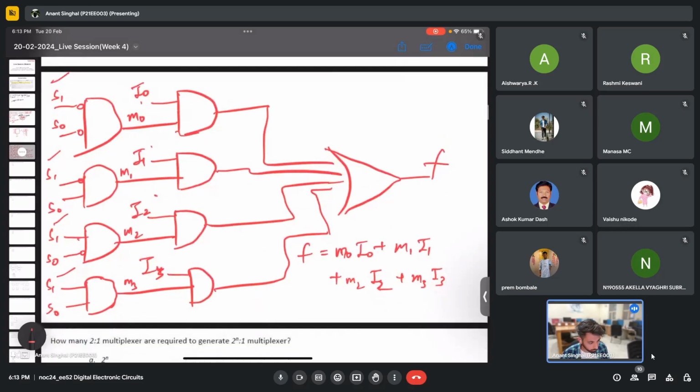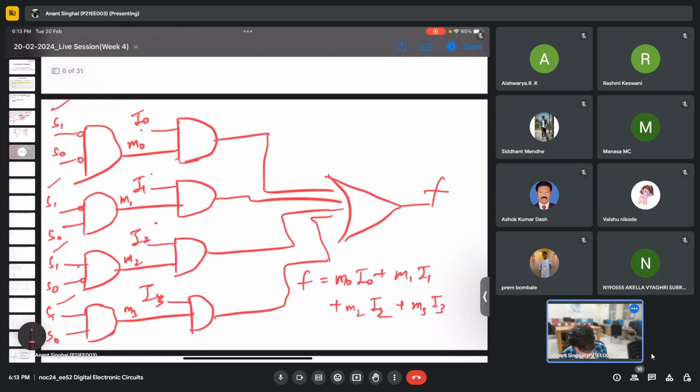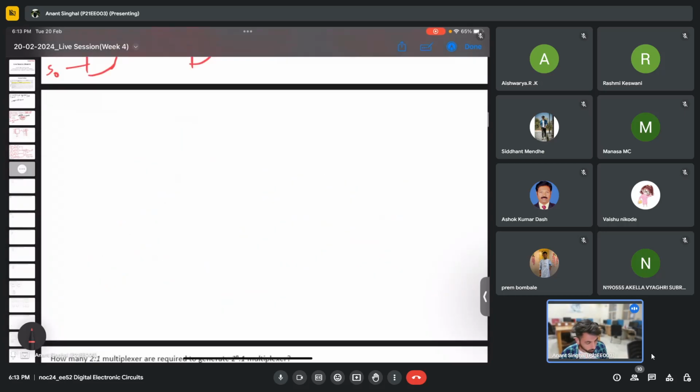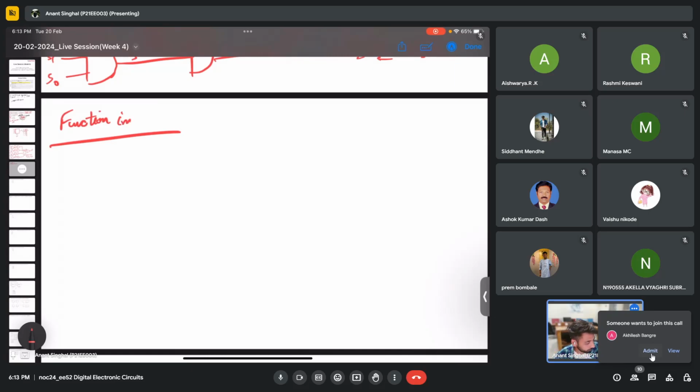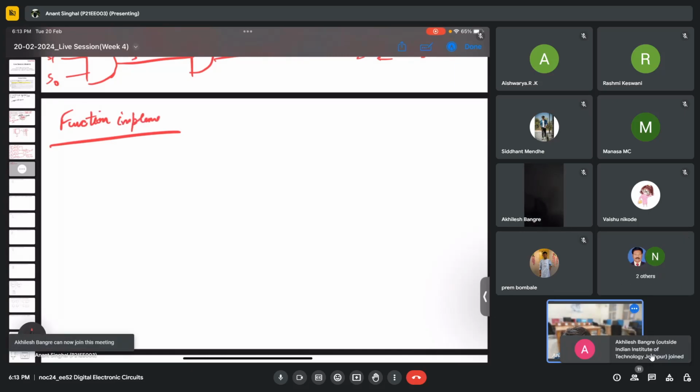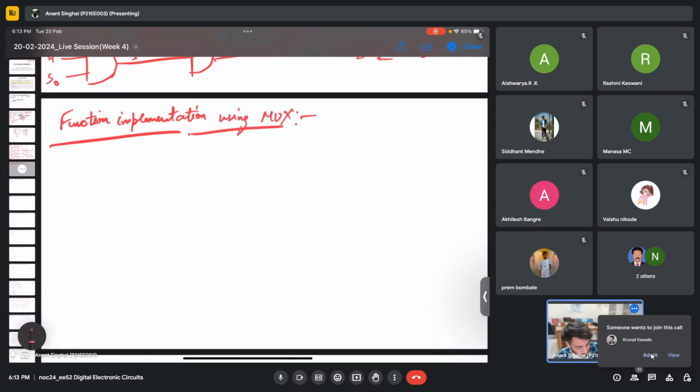So let's start with an example. How do we implement functions? I'll give you function implementation using a mux.